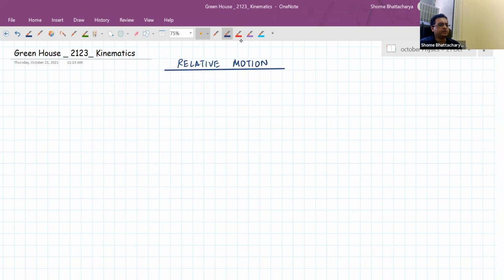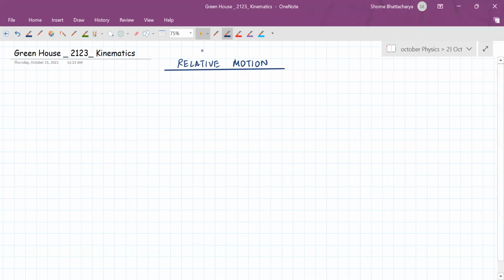So one of the types of examples I want to discuss in relative motion is going back to the situation of a swimmer swimming across a flowing river. Okay, in this we need to discuss 2 special cases.